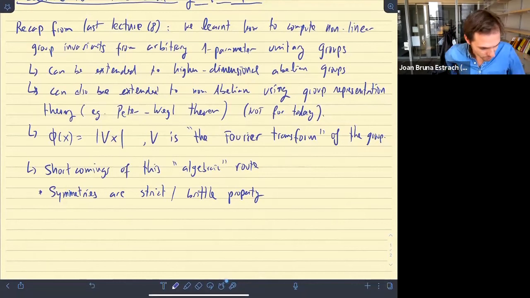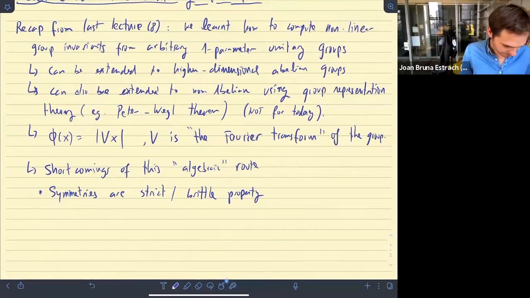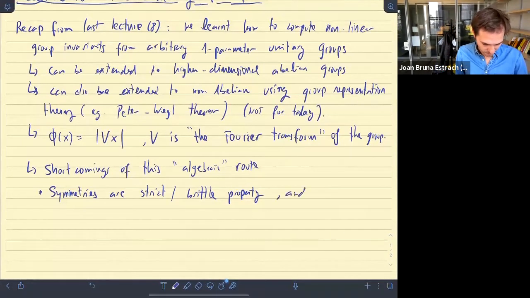They only describe very concrete families of transformations. In real life, nothing is an actual pure symmetry. Most things are approximate symmetries. And of course, in image and speech, they are very low dimensional.